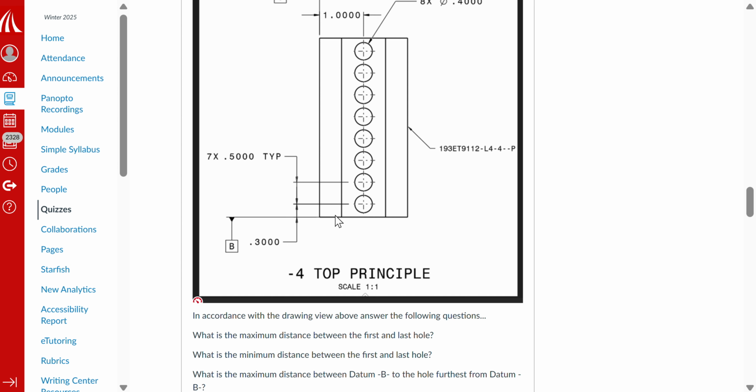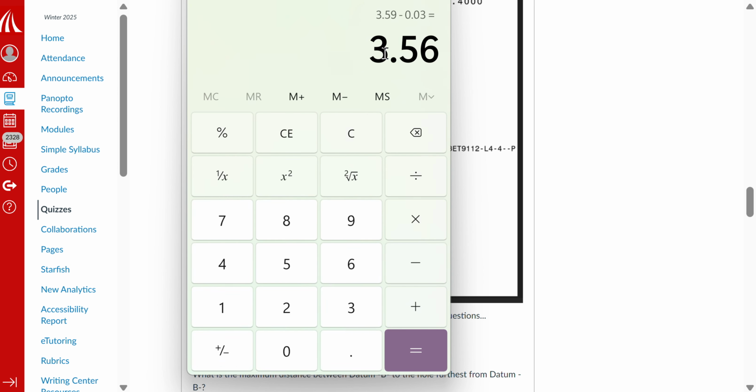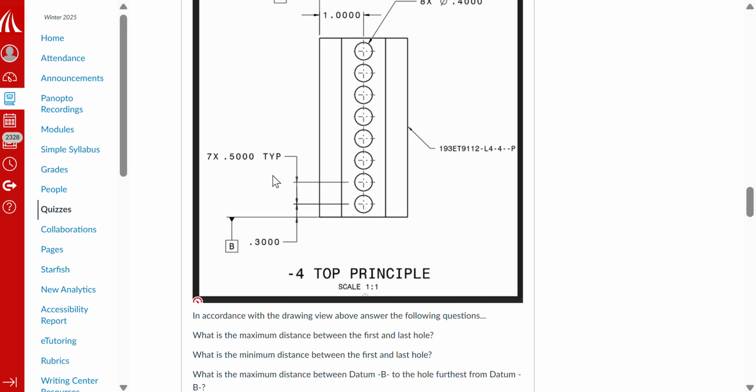Well, the distance from here to here is 3.5 plus 0.3 plus 0.3 for the opposite side. That would be the ideal nominal size. So nominal size would be 4.1. So if you had 3.56 and you subtracted that from 4.1, you get 0.54. So the distance from the first hole to the last hole would be 0.54.